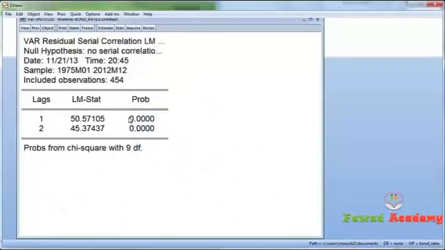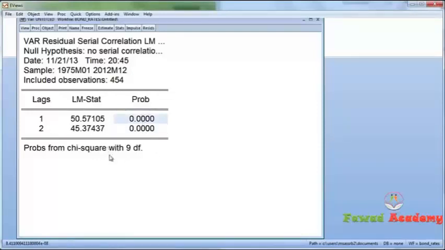So what we get here is 2 tests. This first test tells us whether the first order autocorrelation is significant, and this test tells us whether the second order autocorrelation is significant. So what we see is basically that we have p-values tiny or very close to 0, certainly smaller than any of our usual significance levels.